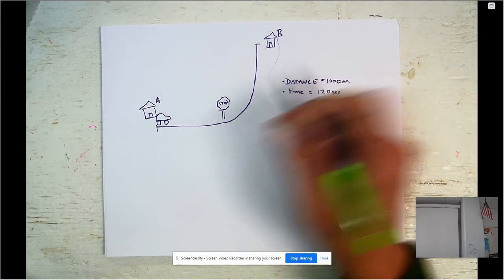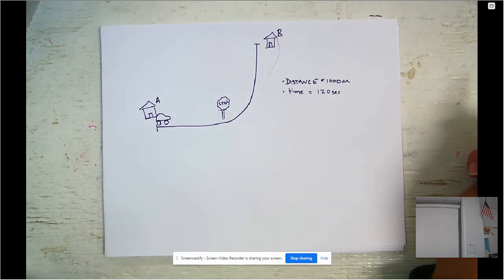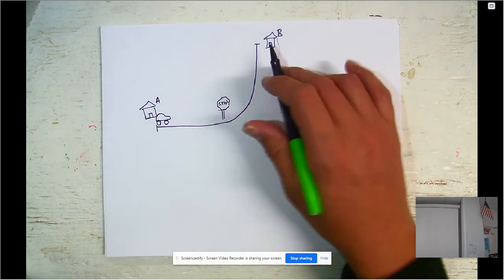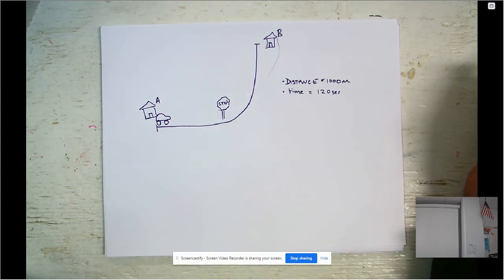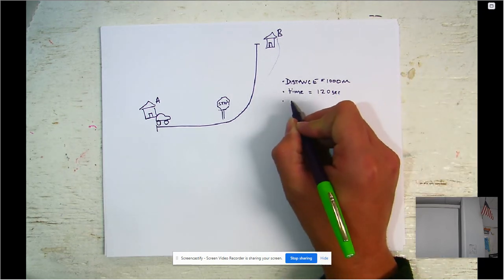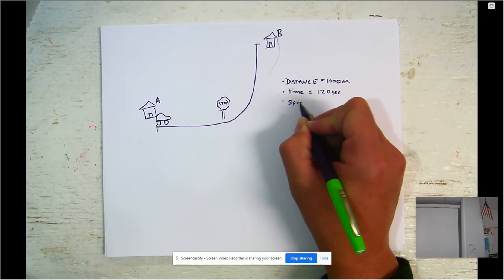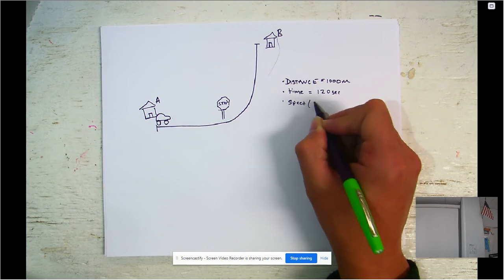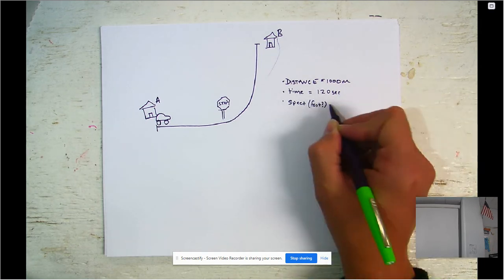So we can say, how far was it? We can say how long it took to get from point A to point B. Okay. Another thing that we could talk about is speed, right? We could talk about how fast you got there. So the speed at which you traveled. In other words, how fast were you?